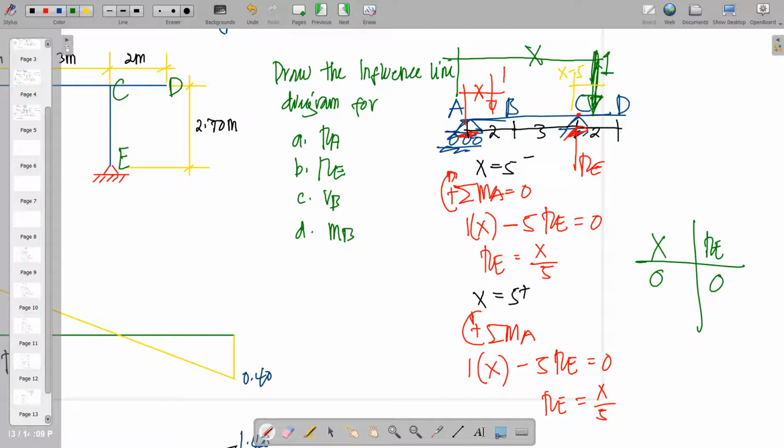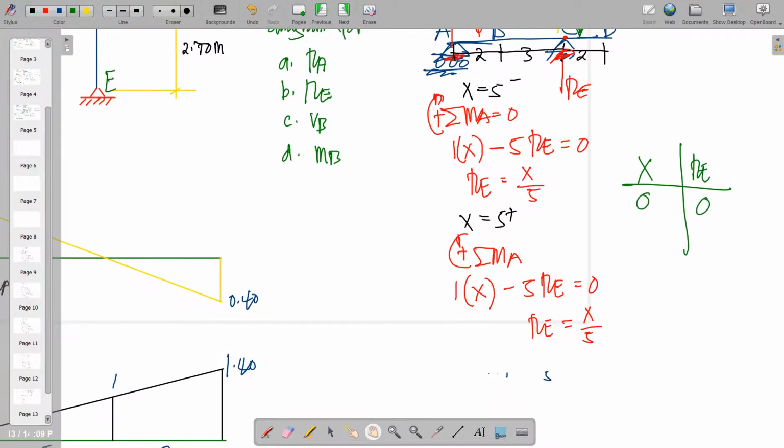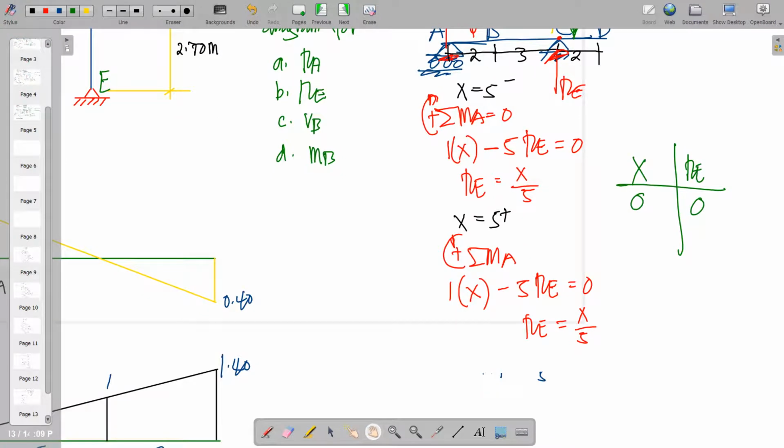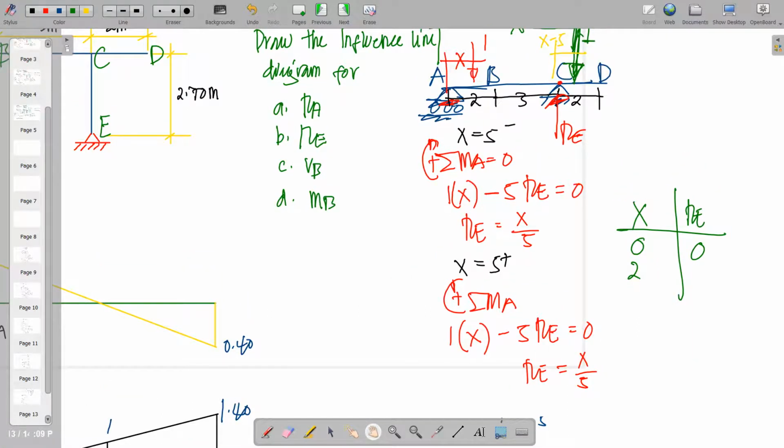And then when x is, what is next to 0? 0 and then 5. So if you want, we stop at 2. When x is 2, that is 2 over 5, equal to 0.4.